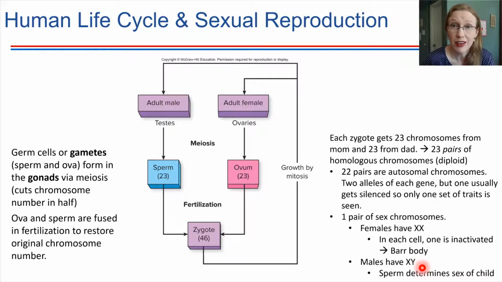Something you may or may not know already at this point is that in females, in all of the cells of a female, one of the X chromosomes gets inactivated, the chromatin gets modified, and so those genes are suppressed. So that means in each cell, either the genes from mom are being expressed or the genes from dad are being expressed with regards to the X chromosome.